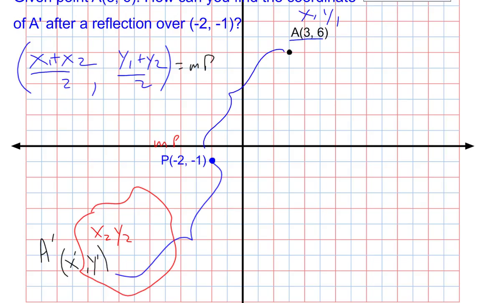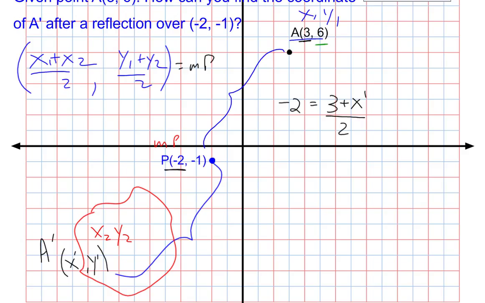So what is the midpoint's x value? Well, that's minus 2. So minus 2 is equal to 3, which is A's x value, plus x prime, over 2. This is going to help me find A prime's x value. And to find A prime's y value, I know that my y value for A is 6.